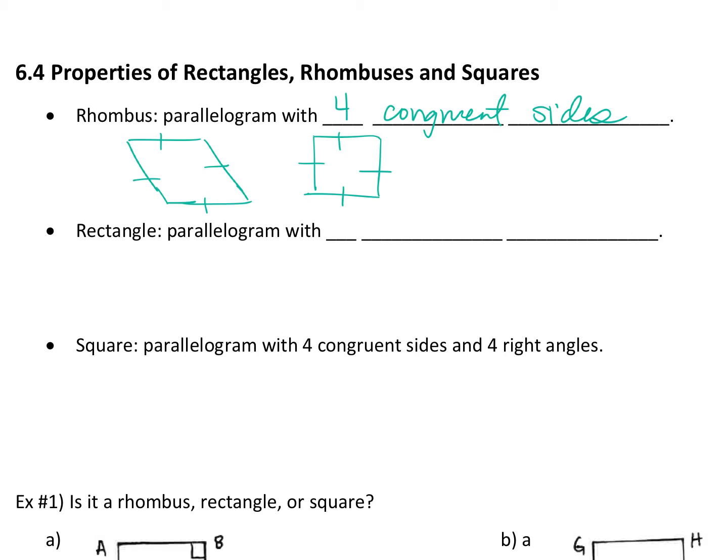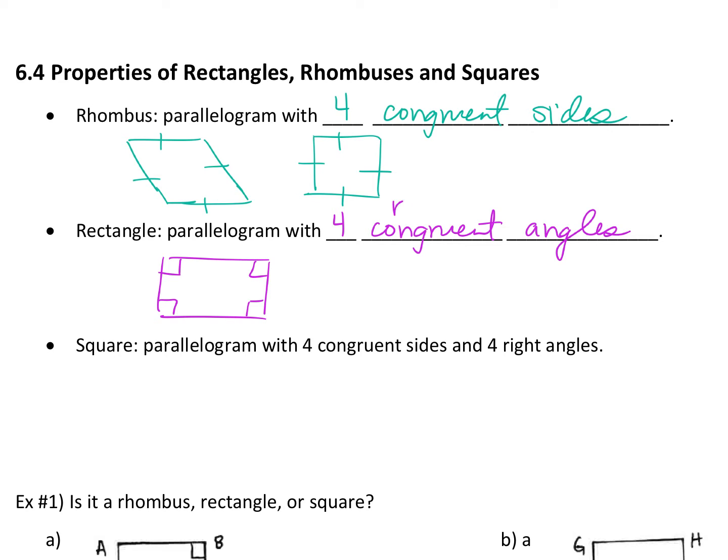What's a rectangle? 4 congruent angles. It is a quadrilateral, 4 sides with 4 congruent angles. Because it has to add up to 360 if it's a quadrilateral, right? So 4 congruent angles have to be what measure? 90, okay? A rectangle is always going to have 4 right angles.